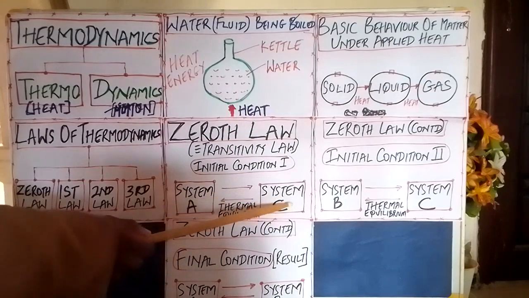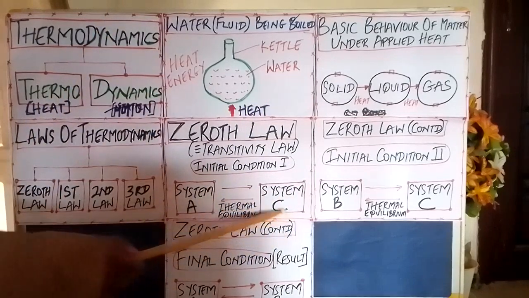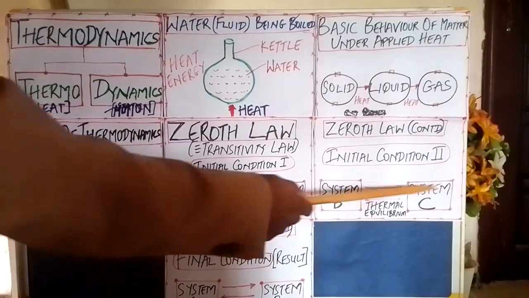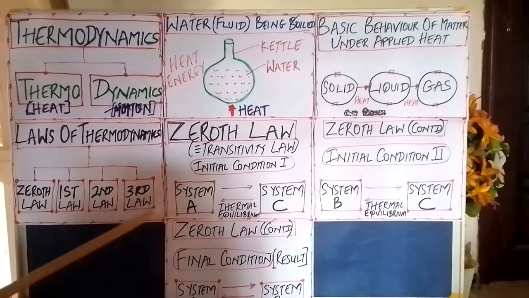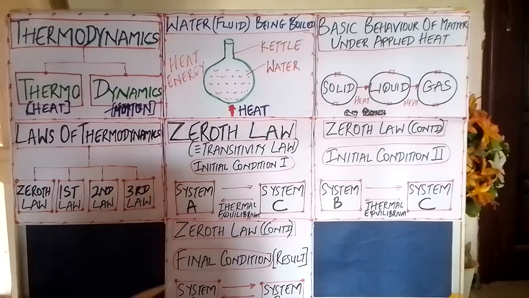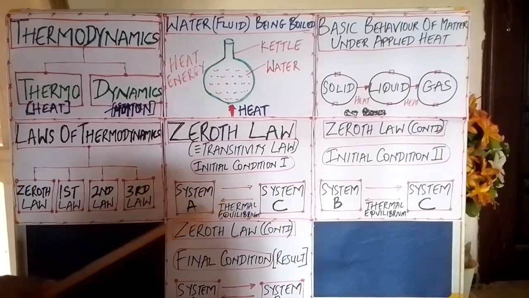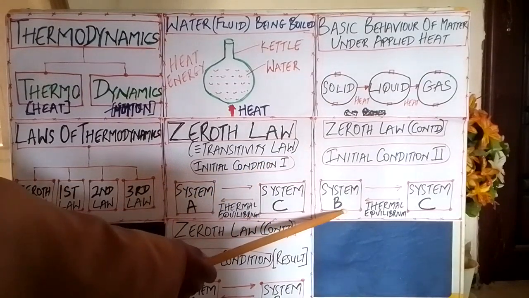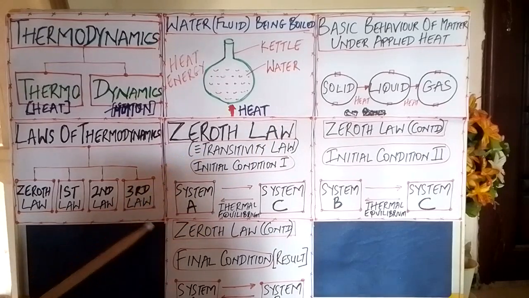We have A and B, they are in thermal equilibrium with themselves. A and C, they are in thermal equilibrium with themselves. B and C are in thermal equilibrium with themselves. So you can extend and say that with respect to thermal equilibrium, system A must be in thermal equilibrium with system B. That is essentially what Zeroth law says.